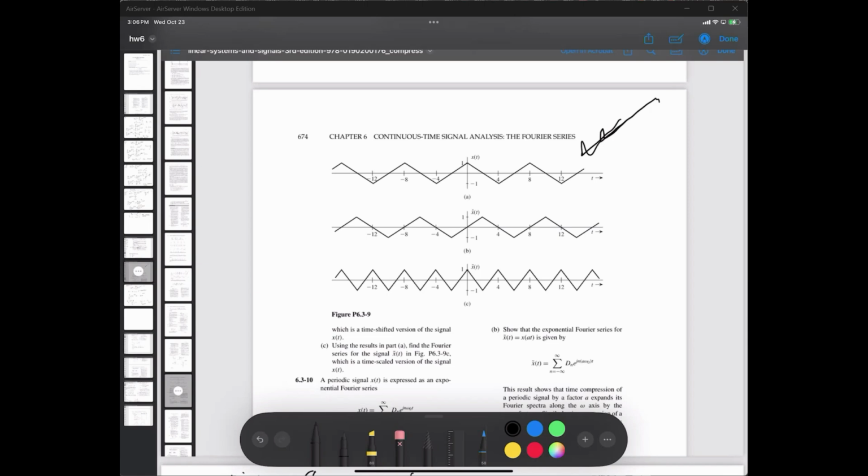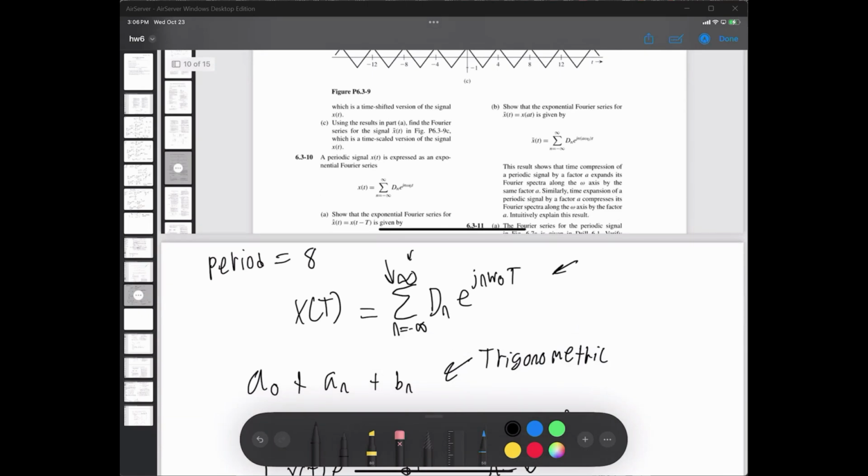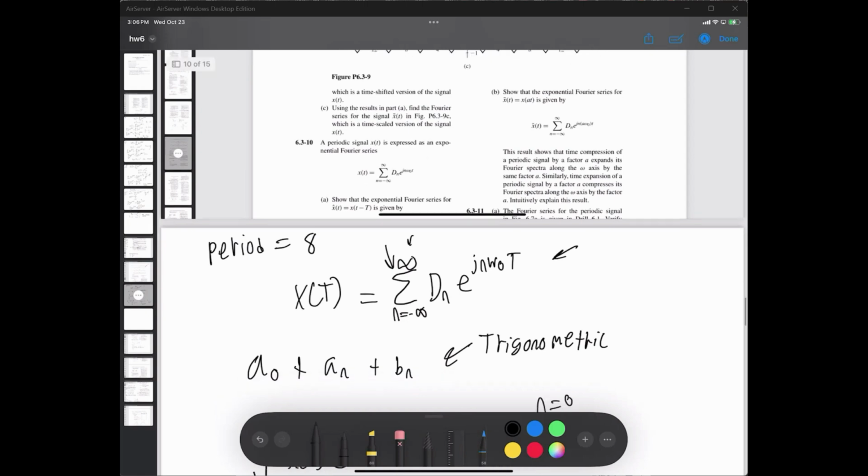But what do we see about this function? It is an even function. So it only has a real portion, there's only cosine. And if it's odd, then it has an imaginary portion only, and that would be sine.